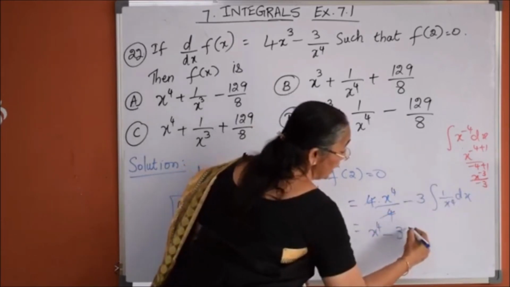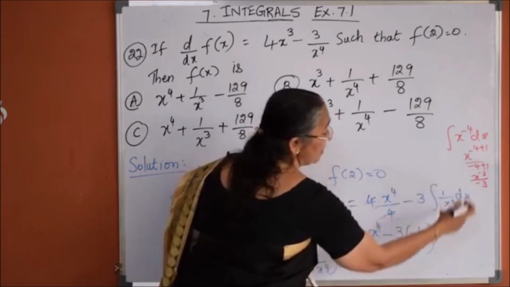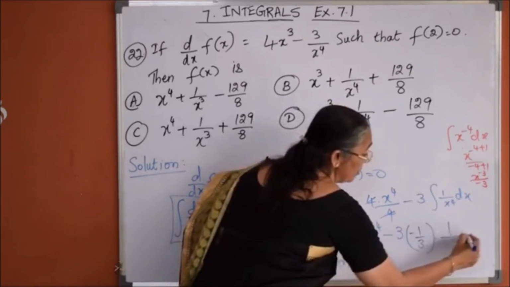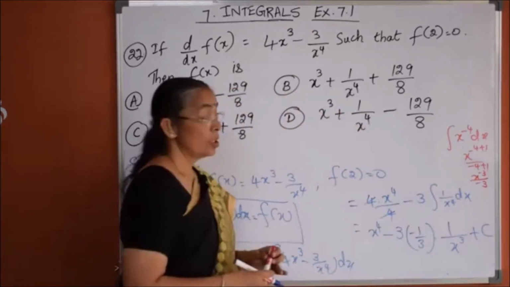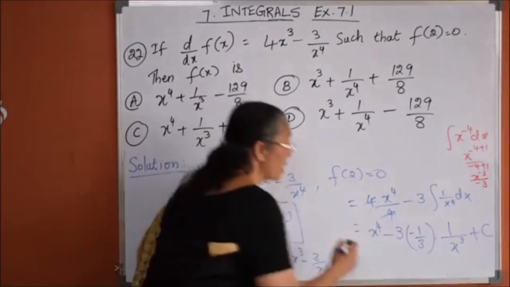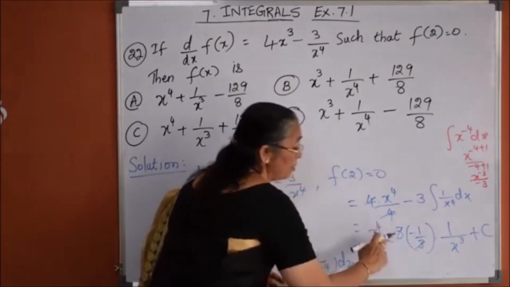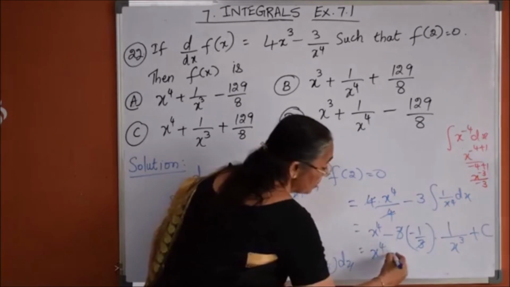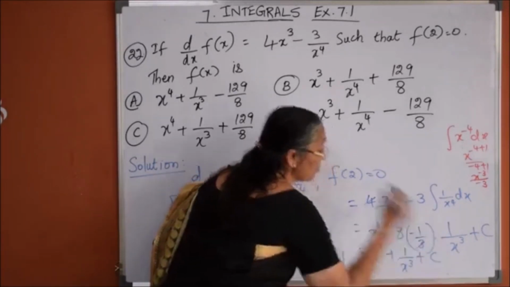So, I can write it as minus 1 by 3 of x power minus 3, which is again 1 by x to the power of 3, plus c. So, this one is x to the power of 4, 3 cancels, minus into minus plus 1 by x cube plus c.